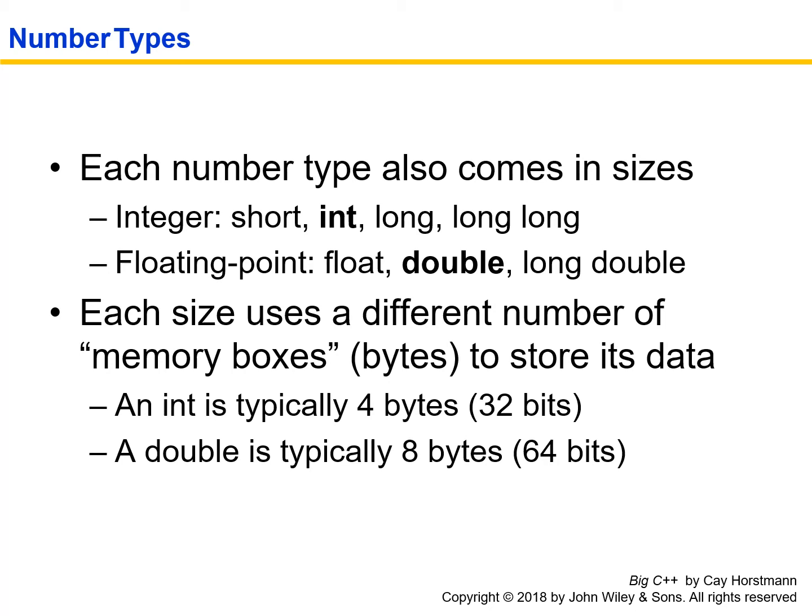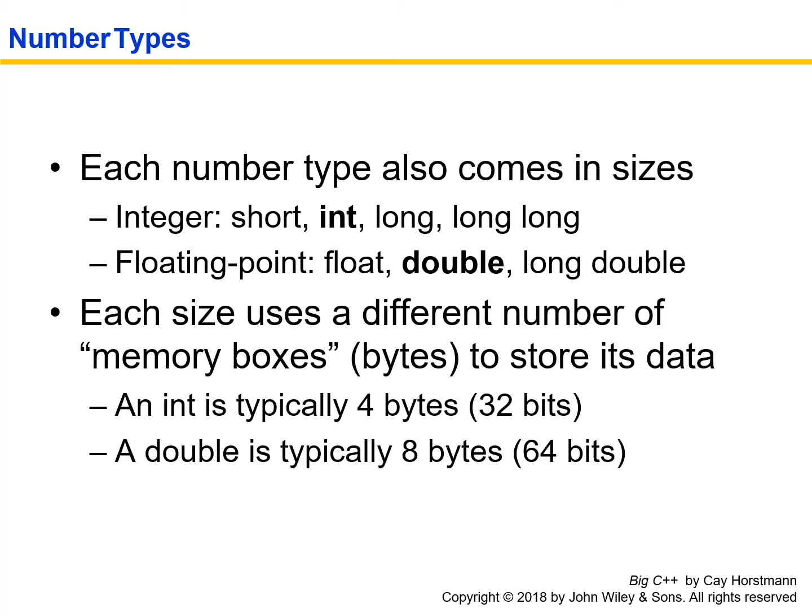Today, int is usually taken as a 4-byte or 32-bit integer, and long is also taken as a 4-byte 32-bit integer, and long long, or extra long, would be an 8-byte 64-bit integer. Similarly, for floating point, there's a float, which is a low precision, which was designed to conserve memory in computers where memory is tight.